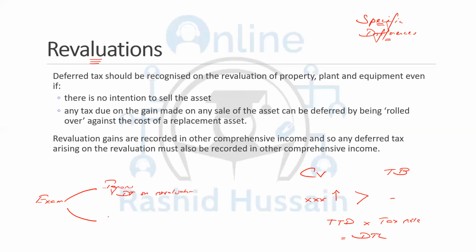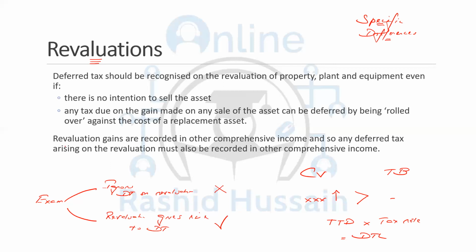And then they say the revaluation gives rise to the deferred tax consequence. Now, in that case, you need to calculate the deferred tax liability on the revaluation. In the first case, when the examiner says ignore deferred tax on revaluation, then simply ignore it. There is no need to calculate the deferred tax on the revaluation.